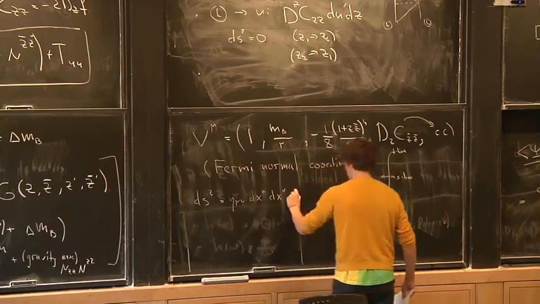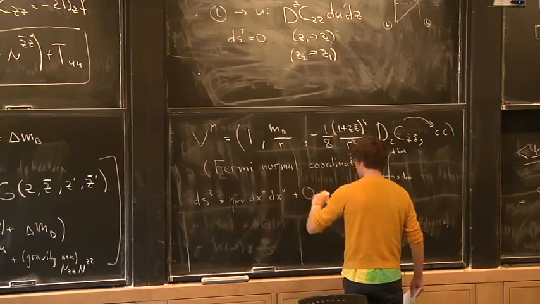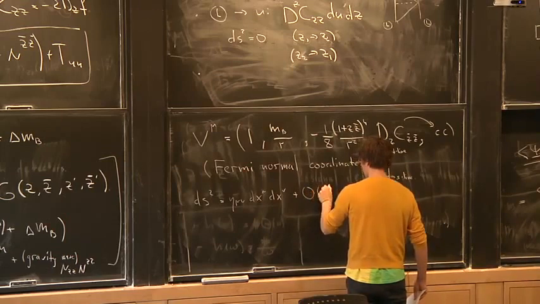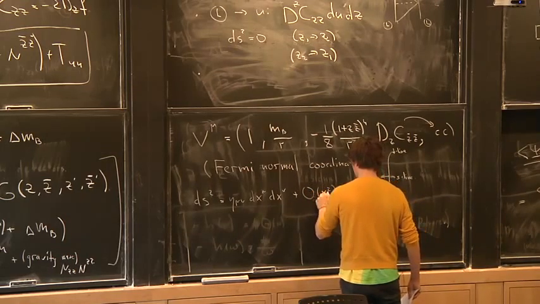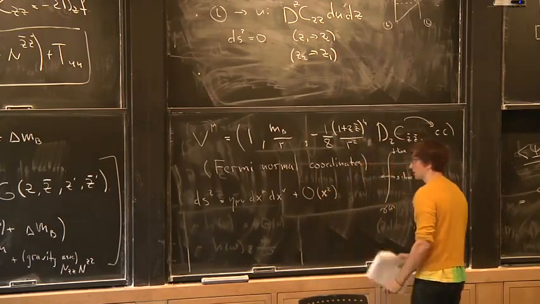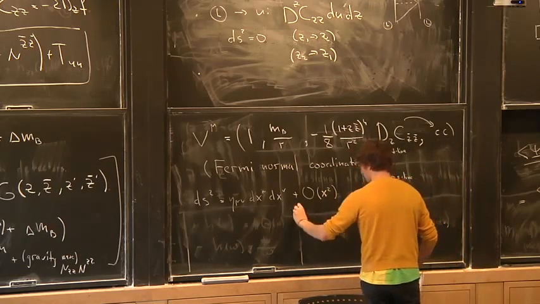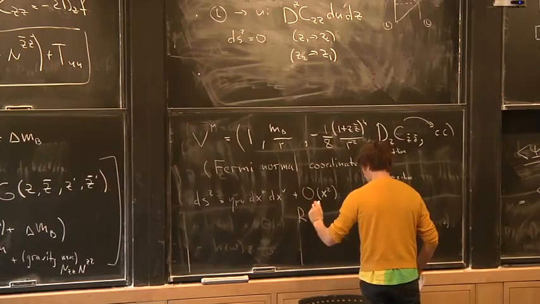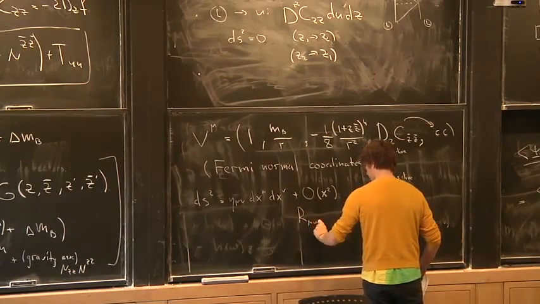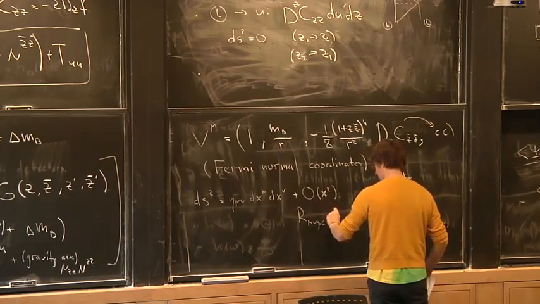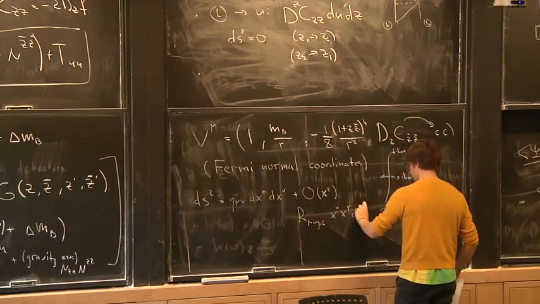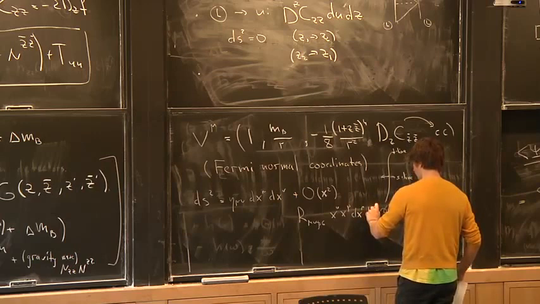And then you have corrections of order x squared, which, roughly, take the form, say, well, it's very rough, unfortunately: x nu, x rho, dx mu, but you can find it in the books.